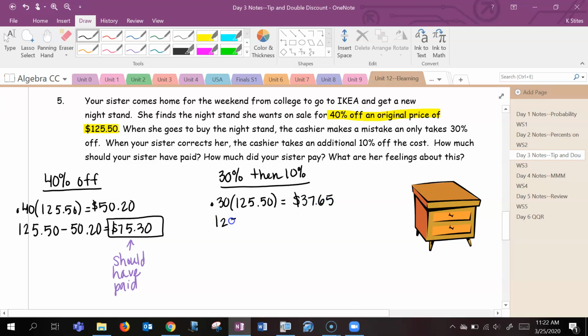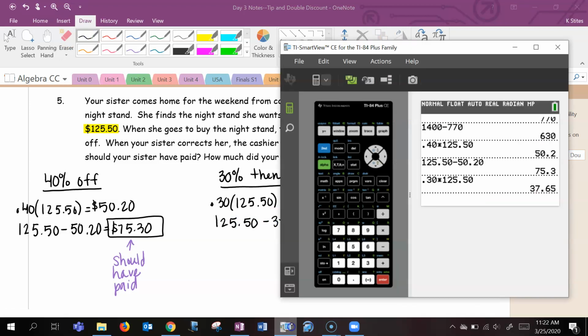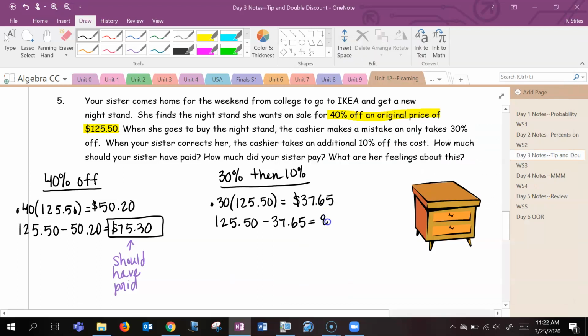So we'll subtract it off. Subtract $37.65. Okay, $87.85. Okay, but we're not done yet, because then the cashier was like, oops, I got to take off another 10%.